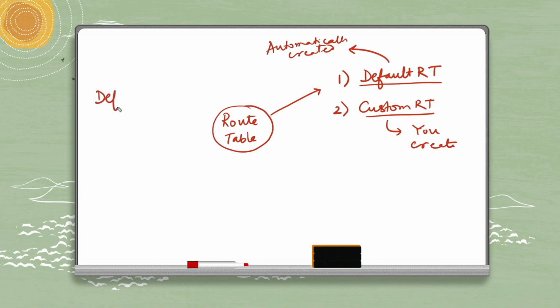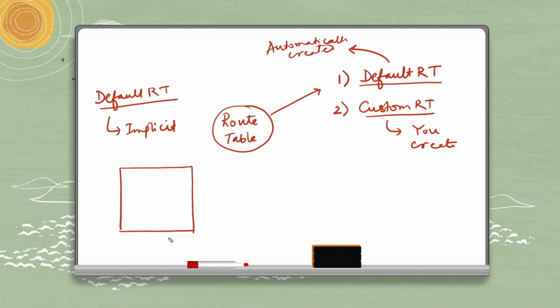This default route table has a rule which is implicit. What does that mean? Let's suppose this is a VCN, subnet A, subnet B, subnet C. So three subnets inside the VCN.